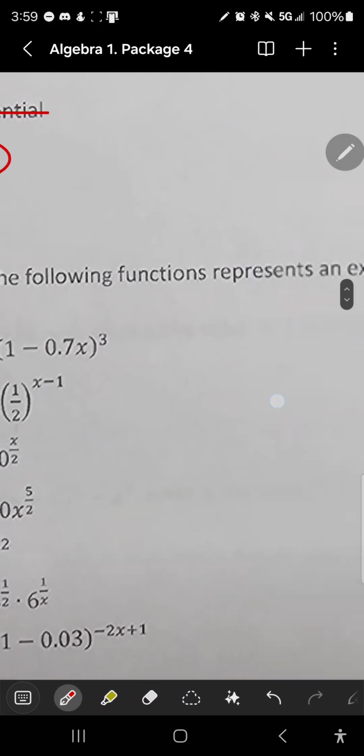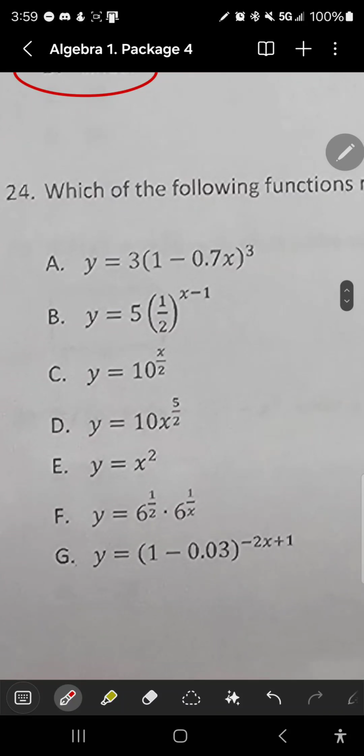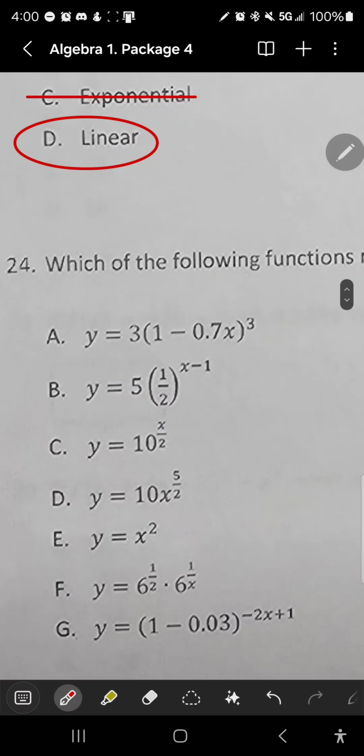Now, which of the following functions represents an exponential function? Select all that apply. Okay, exponential is to the x. So here, the exponent is a 3. So this is not what we look for. Here the exponent is an x minus 1, but it has the x in the exponent.